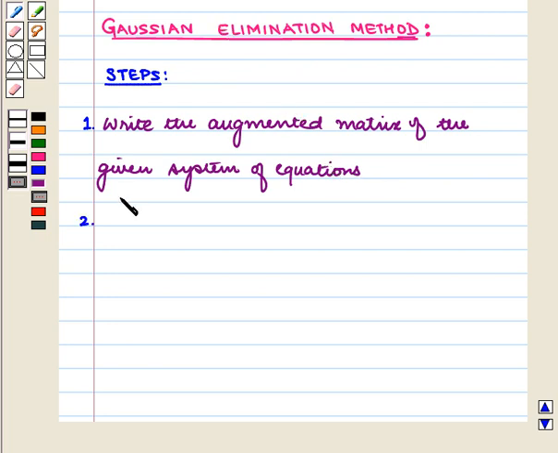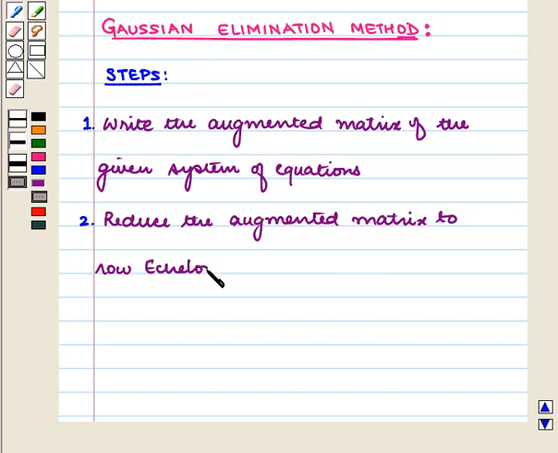The second step is to reduce the augmented matrix to row echelon form using elementary row operations.